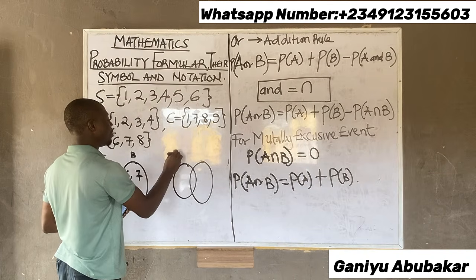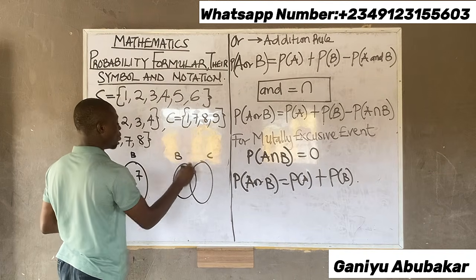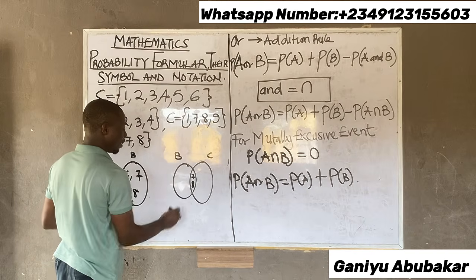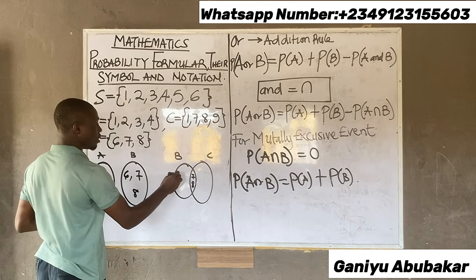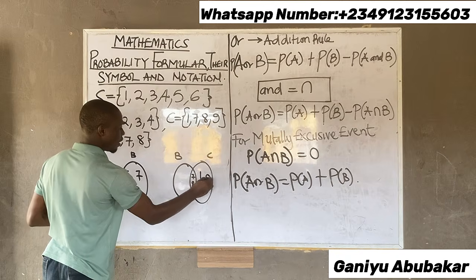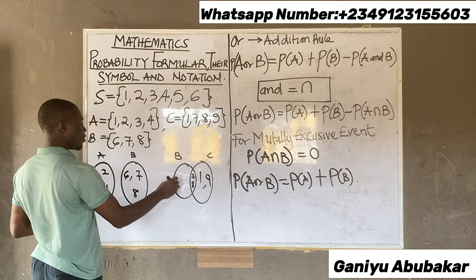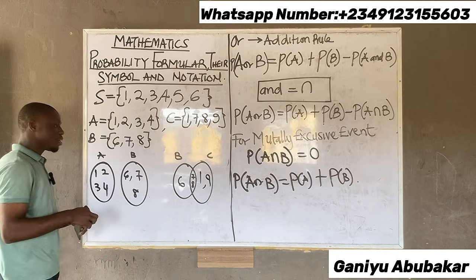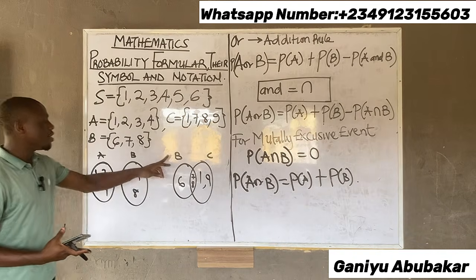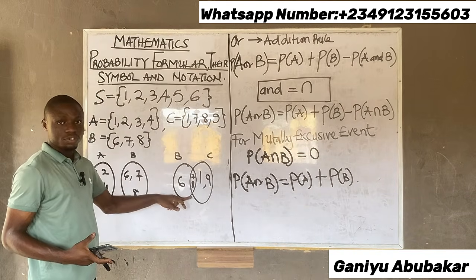Because B and C has something in common. That's 7 and 8. Here is 1 and 9 that will be left. Here what will be left? Just 6.